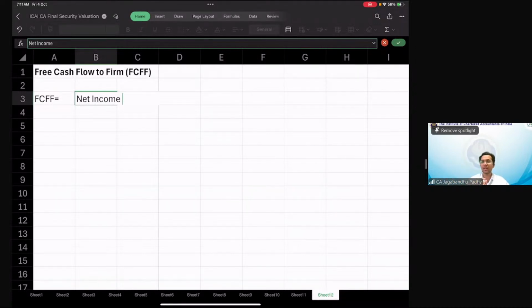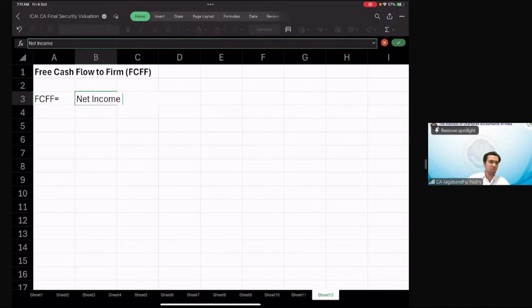Because if you have free cash flow for the firm, then only you will be able to pay the interest, the principal, the dividends, and all those cash flows which go to the fund providers or the investors. So my idea is to compute the free cash flow for the firm for all the investors together.